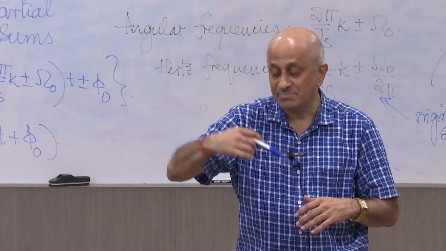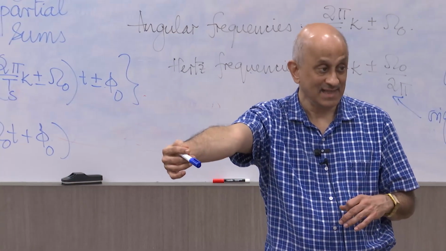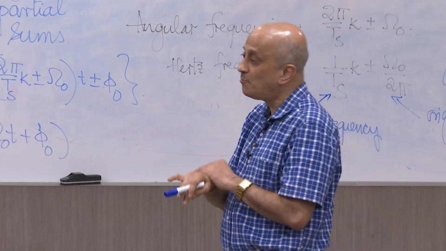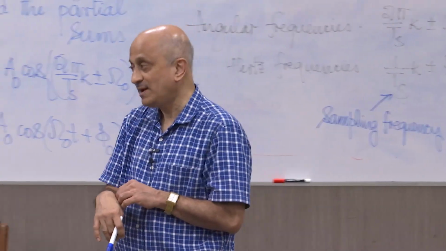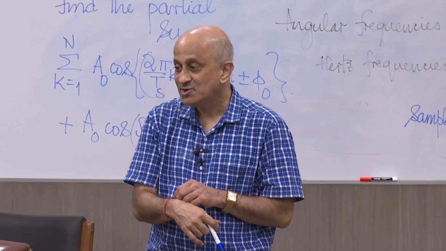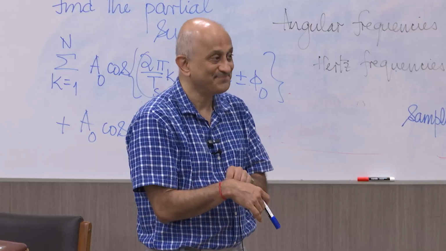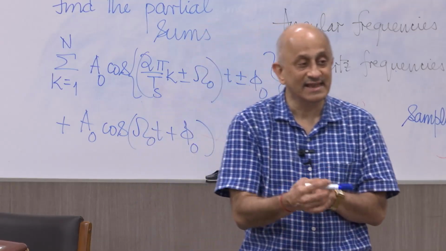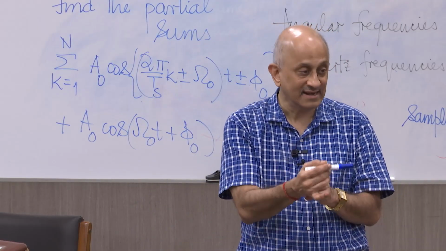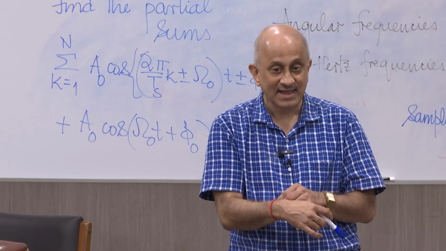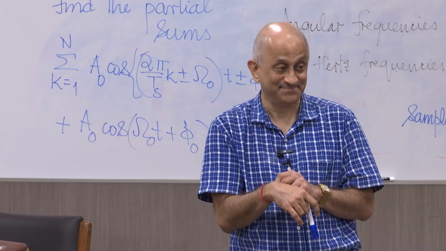That means, sum this up to n terms, and if possible also try and use any open source mathematical software to sketch the sum. You can sketch the sum for n equal to 10, n equal to 15, n equal to 20, and see what is happening.